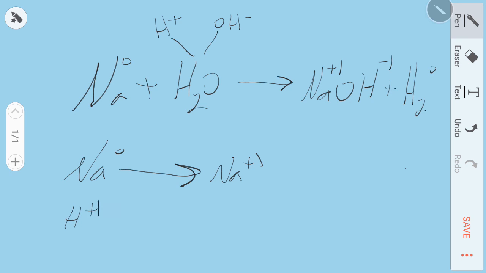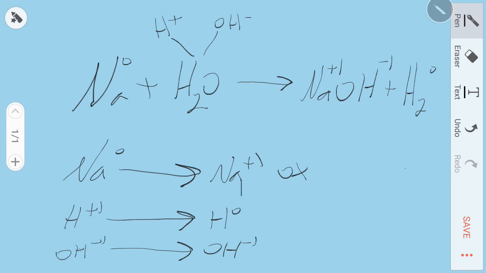Hydrogen went from +1 to 0. And hydroxide, that ion went from -1 to -1. So sodium was oxidized. Hydrogen went from +1 to 0, it was reduced. Hydroxide, nothing.